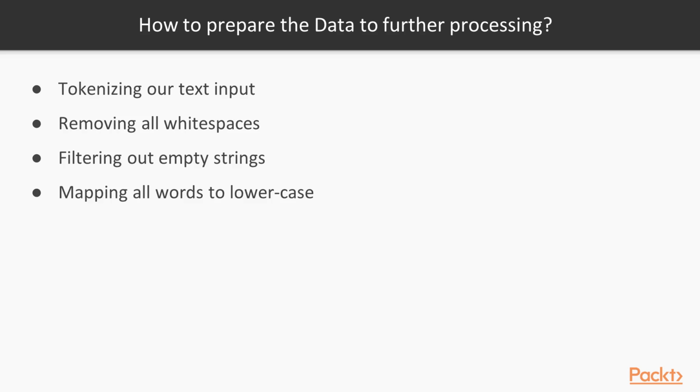That will be our unit for counting unique words, and we need to remove all whitespaces as we saw, because there is a lot of it, some tabs and other things. We need to filter out empty strings because we don't want to analyze an empty string. And we need to map our words to lowercase to normalize them, because when we have two words, one in camel case and the other in lower case, we need to normalize them into the same form to be able to count them properly.